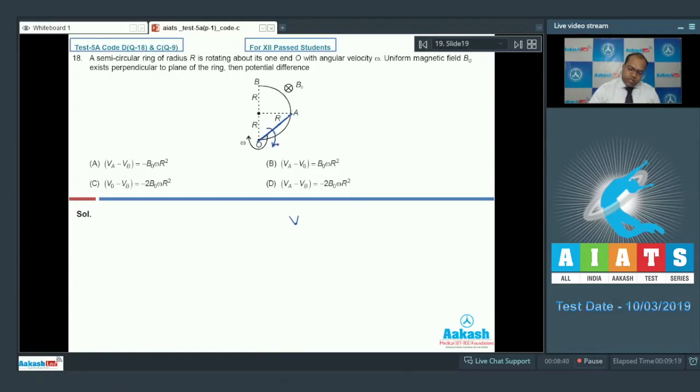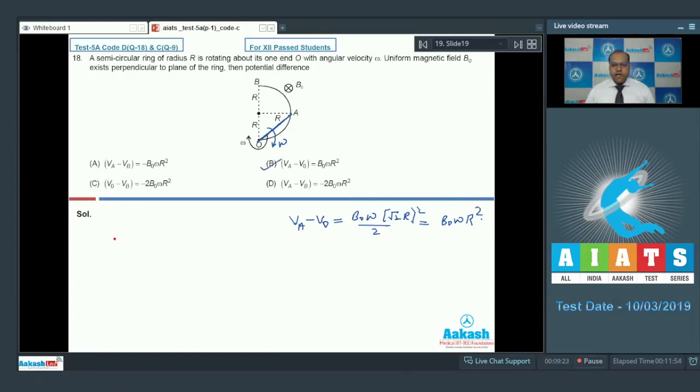This is the sense of rotation, and the magnetic field is inward. So the point A is at higher potential. So VA minus VO can be written as B omega L square by 2. So B0 omega, the value of L effective is root 2 r whole square, by 2. So it comes out to be B0 omega r square. So option B is correct.